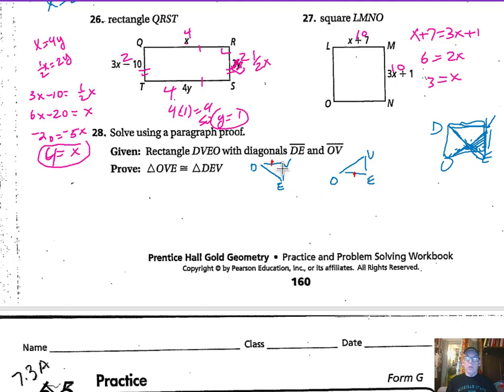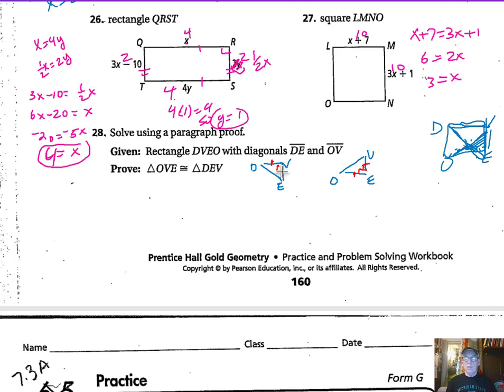These angles at V and E are going to be right angles. And then the other side here is congruent between the two. They're both sharing the same side. This VE side. So VE is shared.